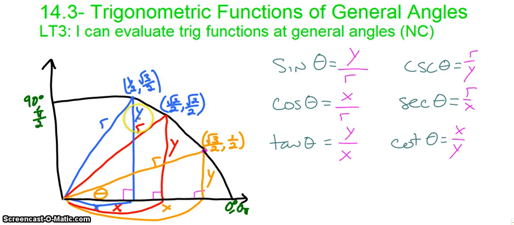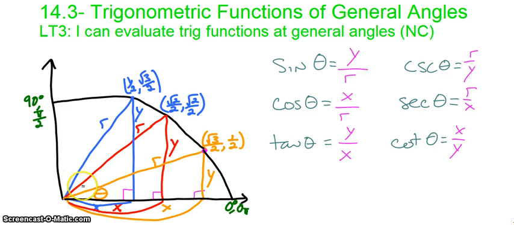Let's look at this blue triangle and say my theta is right here. So it's this whole angle right here. Our angles, which we'll talk about, are always going to be formed with the x-axis. We're going to see that a lot in this chapter. Say I was going to be looking at the sine of this overall angle.